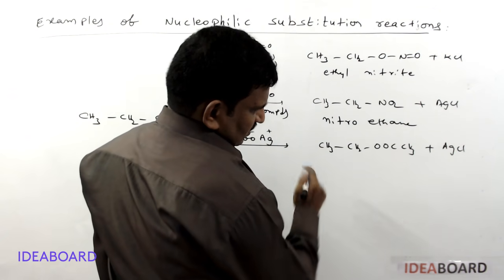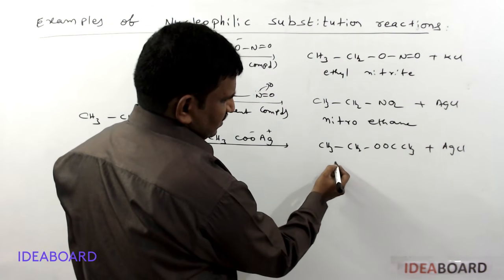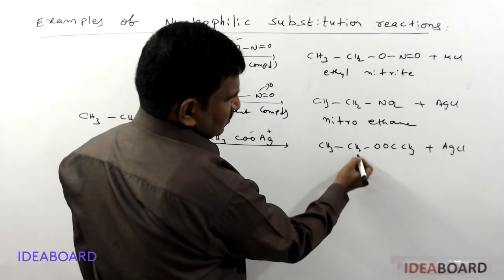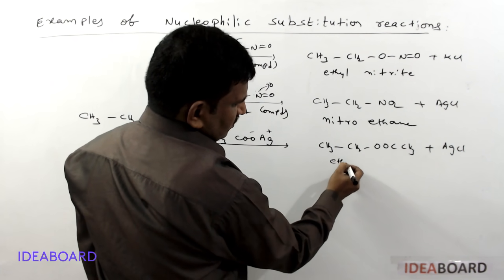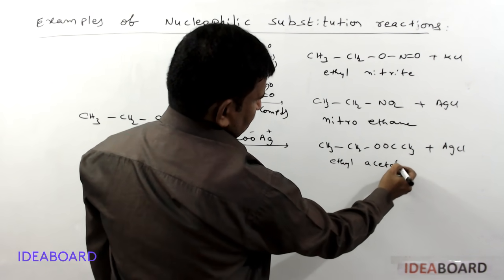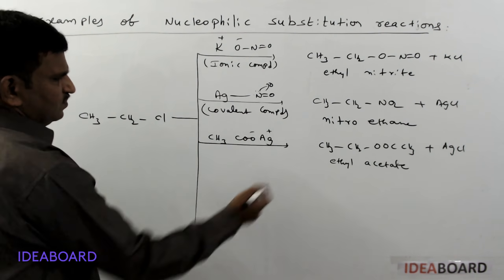This is called ethyl acetate, CH3COOC2H5. This is the ethyl group, and this is normally called the acetate ion. So ethyl acetate is formed.